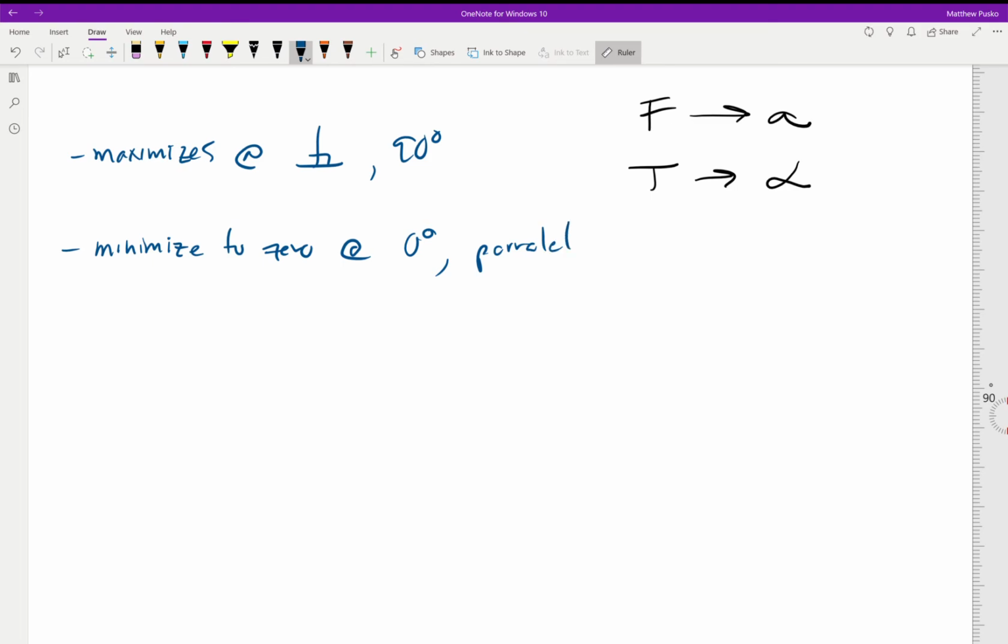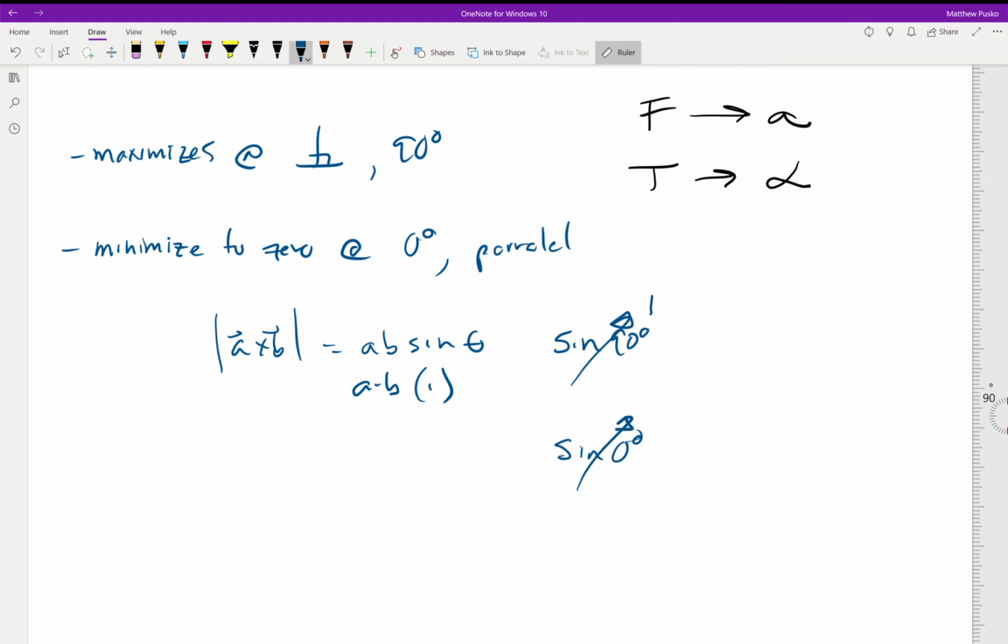So by definition, we said the magnitude of A cross B is equal to AB sine theta. So think about sine of theta: as the angle goes to 90 degrees, this turns into 1, and we get full effectiveness of A times B. So A times B times 1. Now if the angle is 0 degrees, the sine of 0 is 0, and we get nothing.